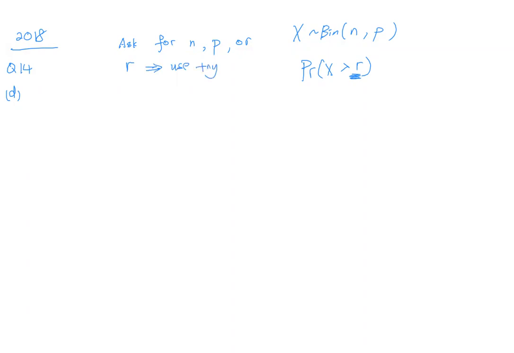Can or not? That is the way to do. You see or not? And you have to remember greater than R, this is 1 minus probability of X less than or equal to R. And this can use binom CDF.